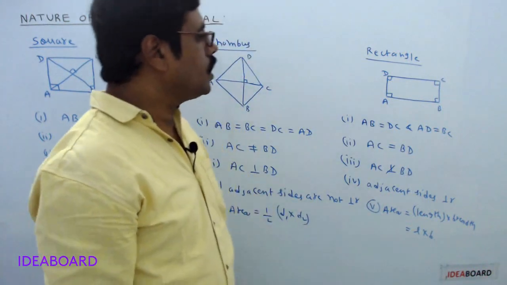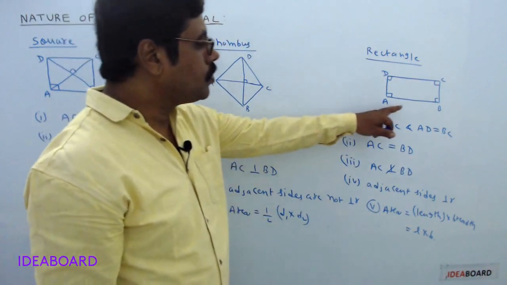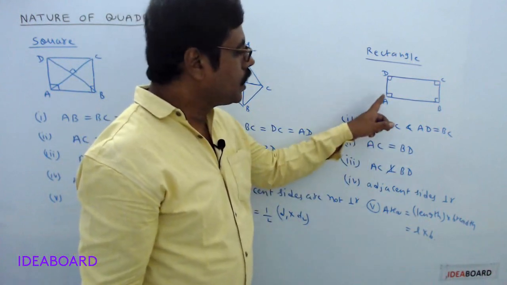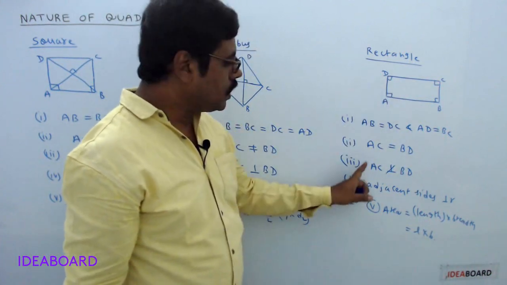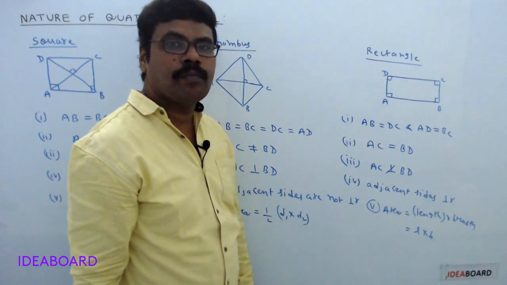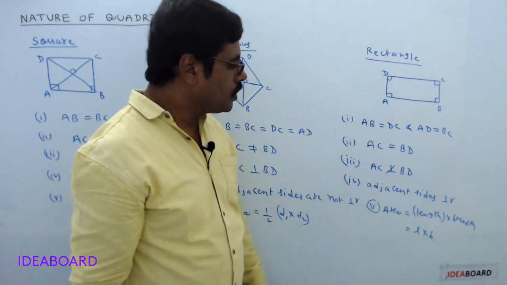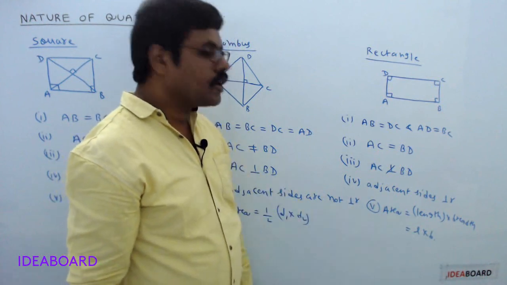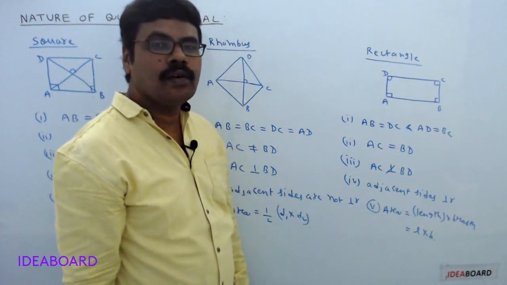What are the conditions in the rectangle diagram? Opposite sides are equal and parallel. Then diagonals are equal. Then diagonals are not perpendicular. Fourth point, adjacent sides are perpendicular. Then area of rectangle is equal to length into breadth.